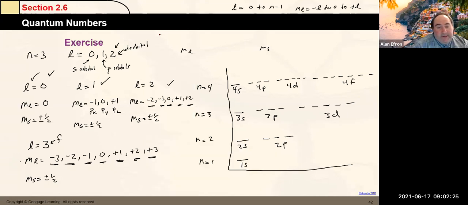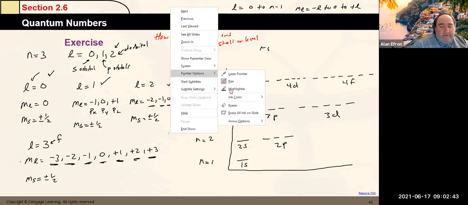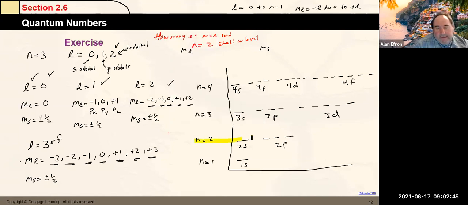So if I ask how many electrons to max out the n equals 2 shell or level, we are talking about everything contained on the 2nd energy level.